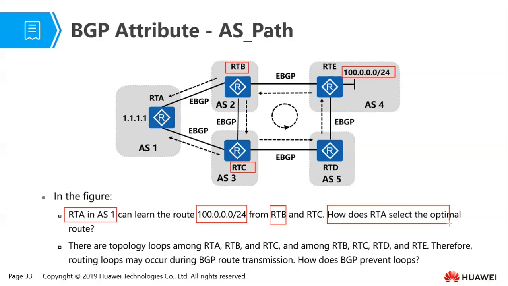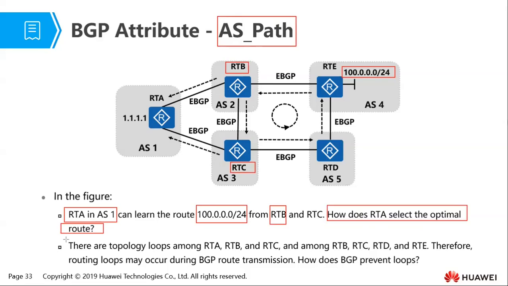So how does RTA select the optimal route, in that matter, using the AS path? So that's one of the problems that we need to understand.